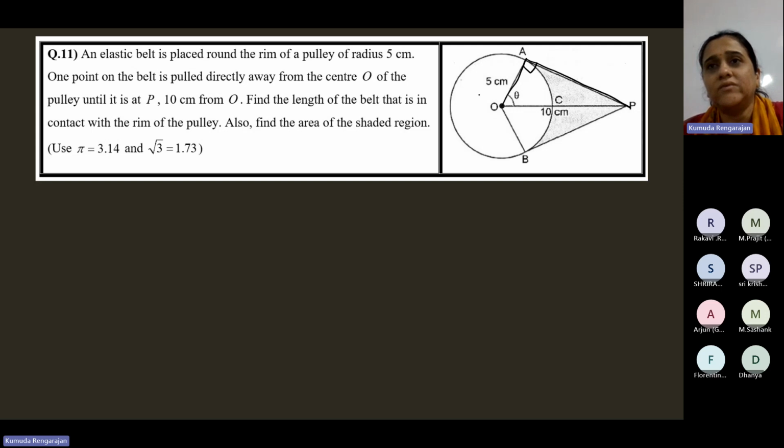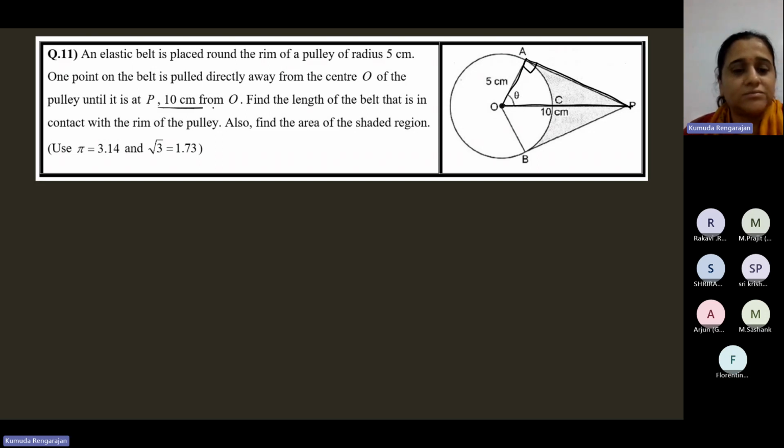Now in this right triangle, we know two things. The distance between O and P is 10 centimeters, is given here. And the radius is 5. So in the right triangle OAP, it's a right triangle because OA is perpendicular to AP, radius perpendicular to tangent.